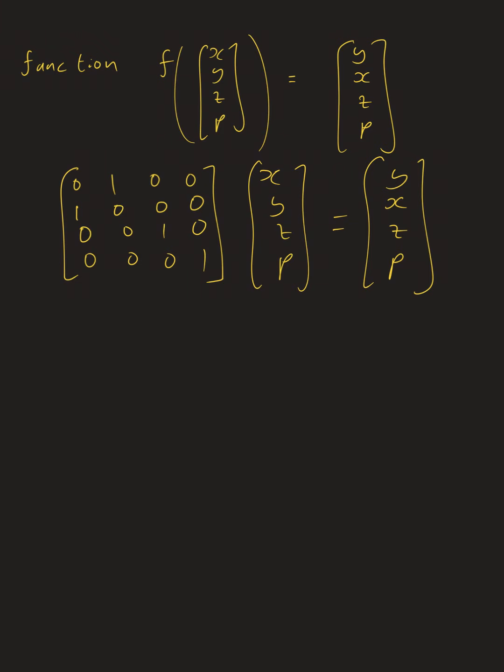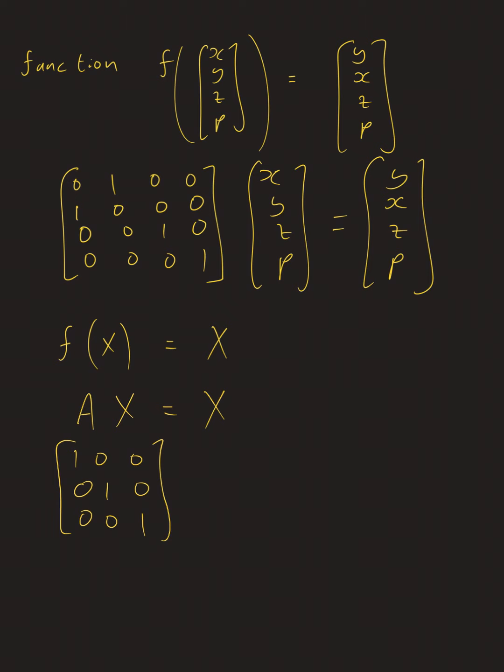What about a function that takes in a list of numbers and returns back exactly the same list of numbers? What would be the matrix for that? Well, that matrix would be the one that you multiply by something to get back exactly the same thing. And in fact, for, let's say, a 3 by 3, it's just the identity matrix.